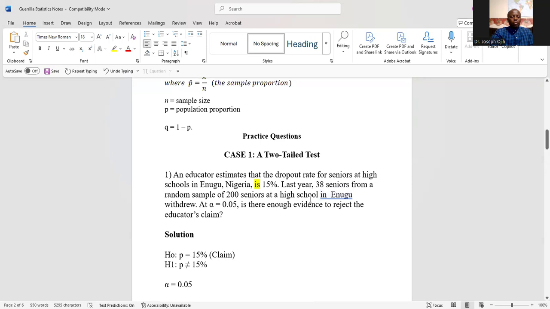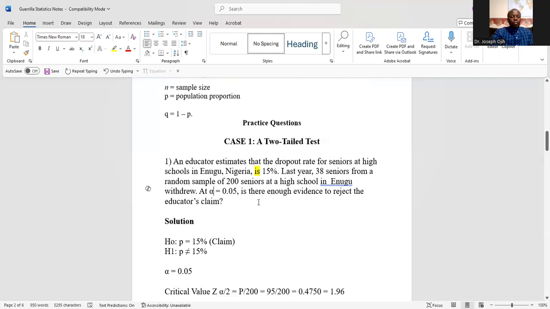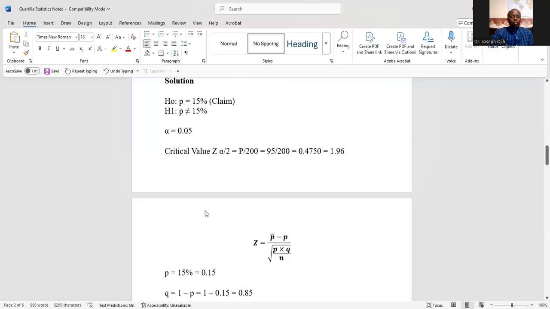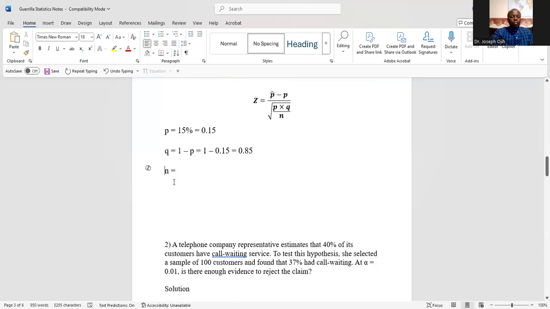Okay, the question is worded correctly. That 38 seniors out of 200 seniors withdrew. So our x is 38. Our x equals 38.